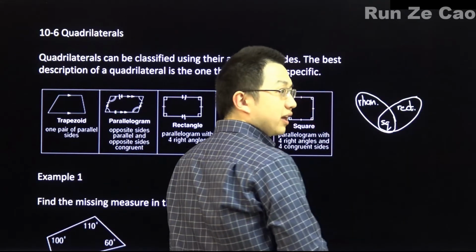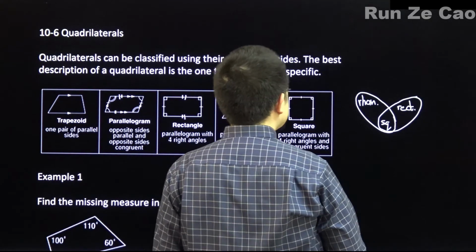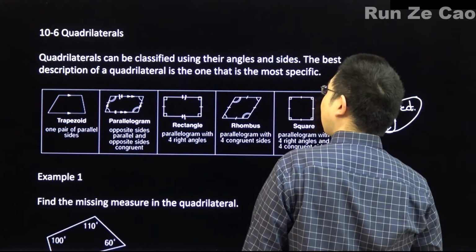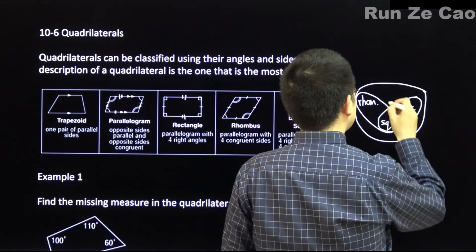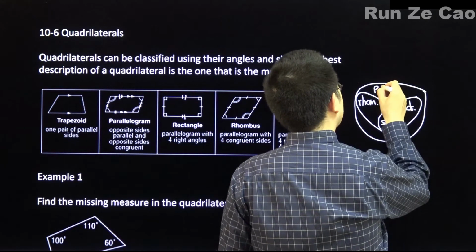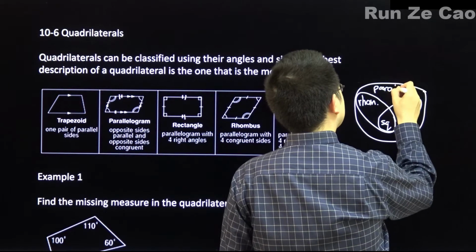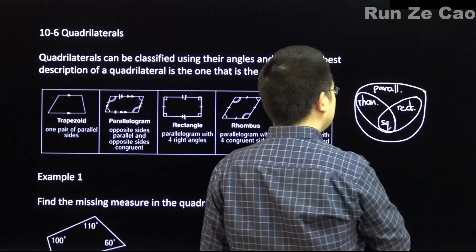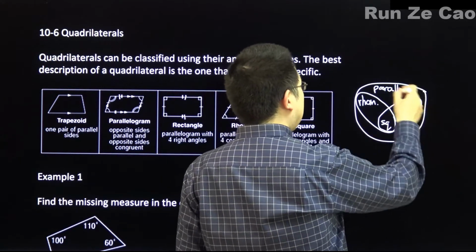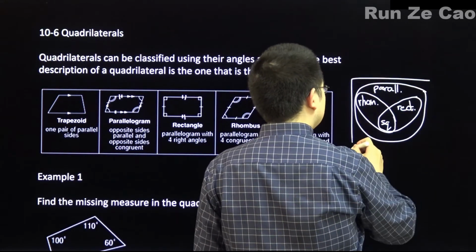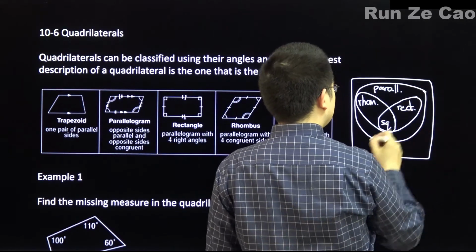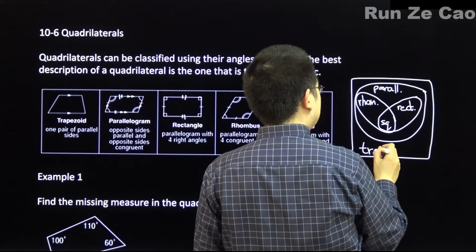Notice that I'm abbreviating a lot. So, rhombuses and rectangles are parallelograms. Parallelograms. Yeah, okay, I'm going to abbreviate that. And parallelograms are trapezoids. Trapezoids.